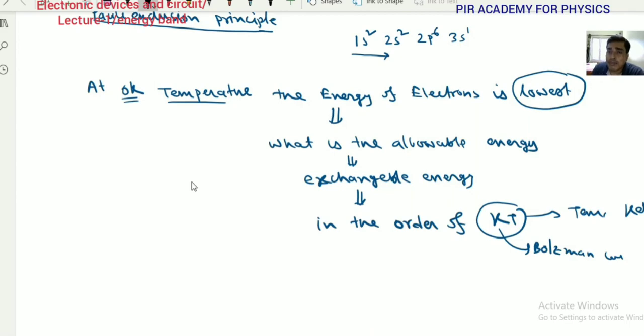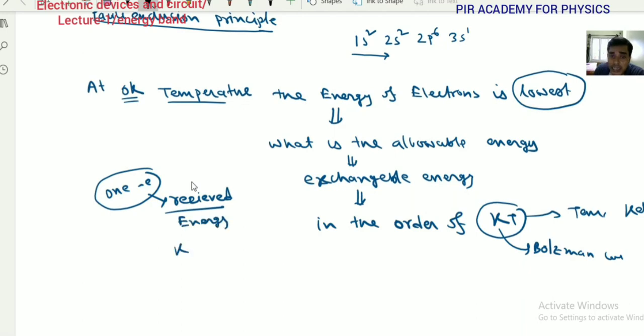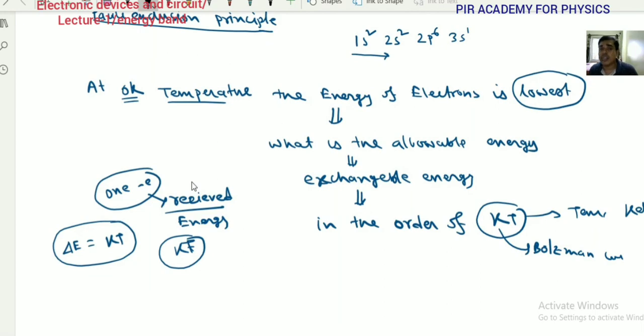So if one electron wants to receive energy, then in the order of kT, that means the minimum energy, delta E equals kT. So in this order, one electron can receive energy or one electron can donate energy. Okay, this is the exchangeable energy in the order of kT.